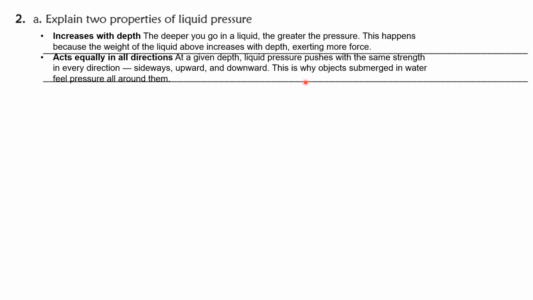This is why objects submerged in water feel pressure all around them, because pressure acts equally in all directions. Liquid pressure acts equally in all directions. So if you say this correctly, you have 2 marks there.